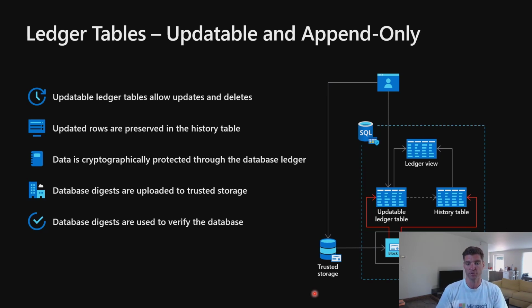So what we're going to do is take that database digest file from the trusted storage, and the stored procedure in real time is going to recalculate the hash inside the database. And then we're going to match these two hashes: the one from the database digest on the storage and the hash that we have just recalculated. And if we have a match between those two hashes, it means that the data can be fully trusted, right?